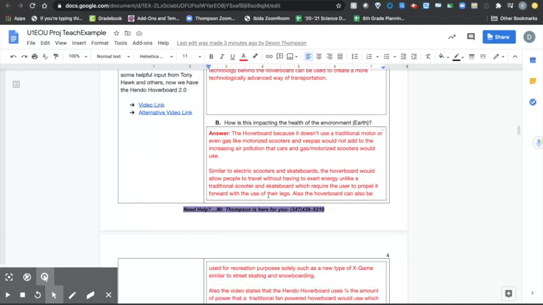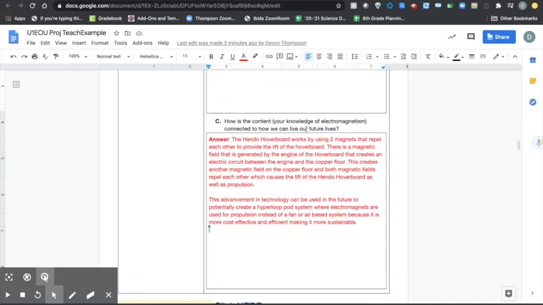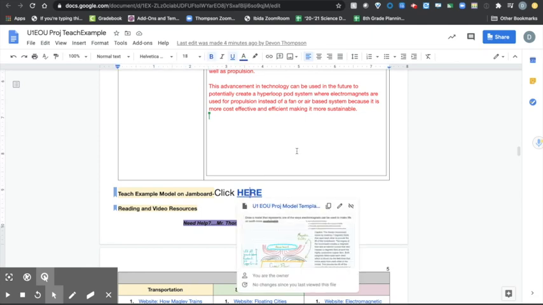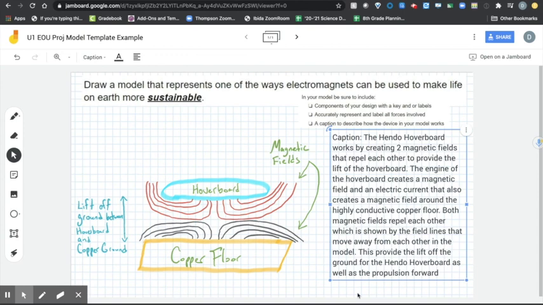One other thing that I wanted to show you is the model template. On day 3, you're going to be making a model drawing of any of the representations of electromagnets in the real world that you've done research on. If we take a look at my specific model, you'll see that I modeled how electromagnets work in the hoverboard system, and how it causes the hoverboard to lift off the ground.